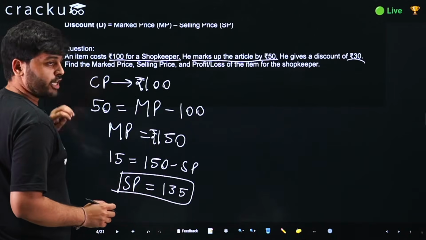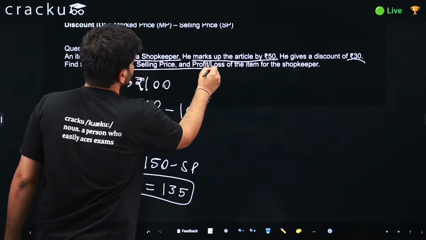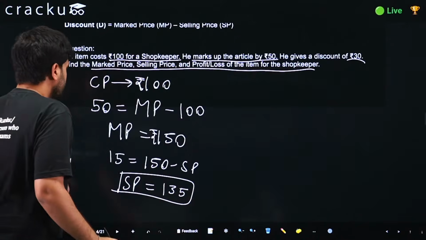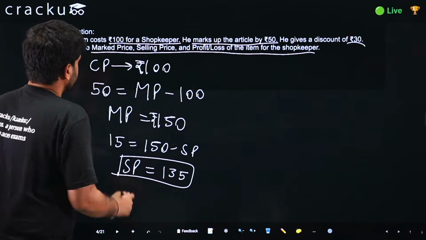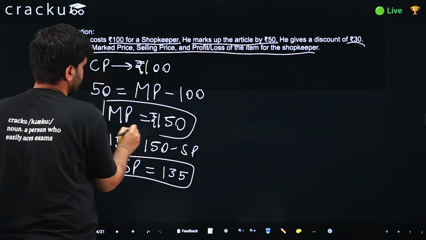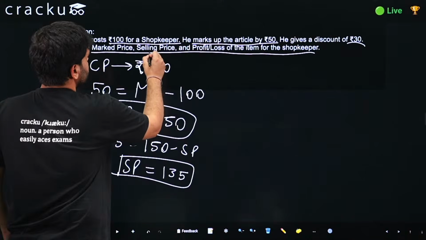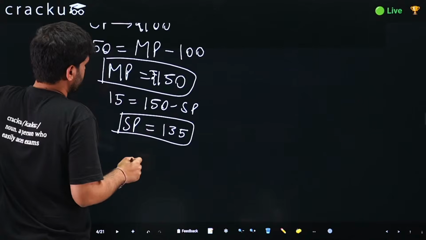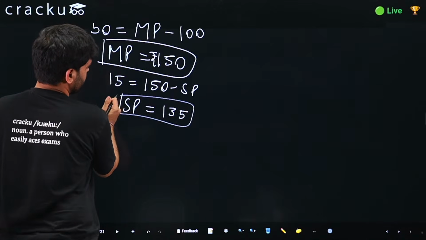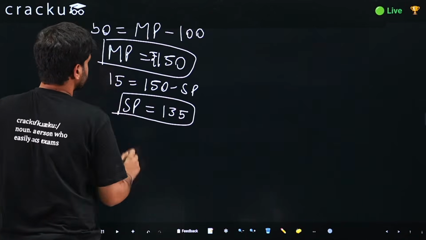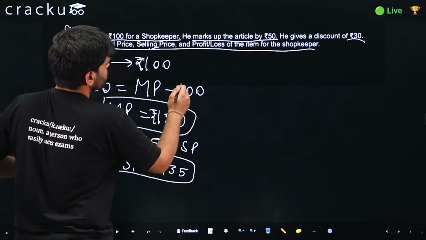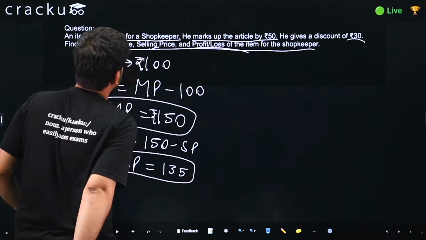Now we are required to find the marked price, selling price, and profit or loss. We have already derived the marked price, this is 150. Selling price, we already derived as 135. We are also required to find profit or loss of the item.